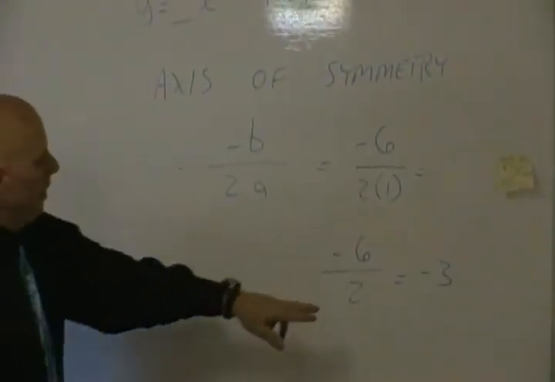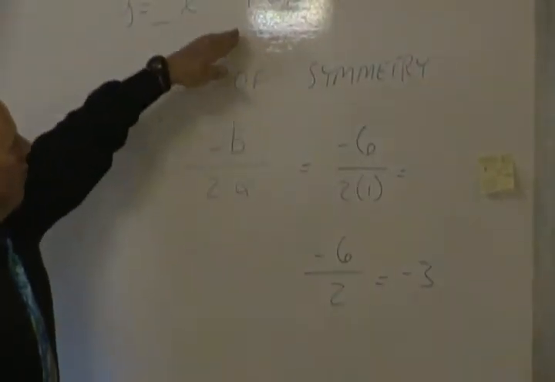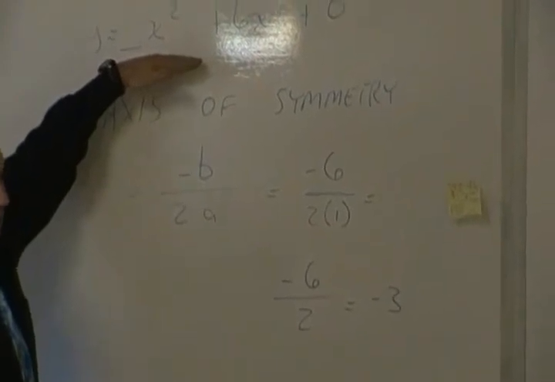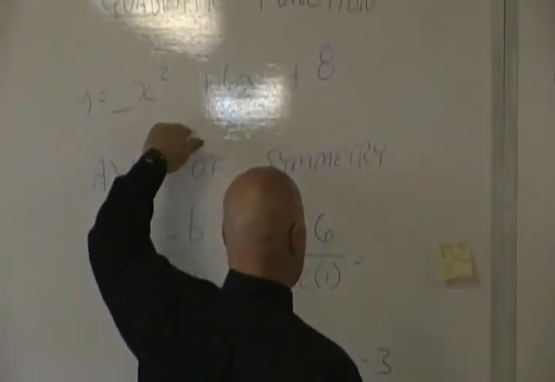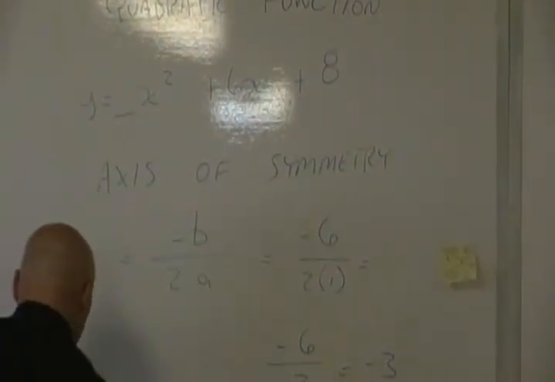And now if we take this number, negative 3, and you plug it into here, all right? So everybody plug negative 3 into here, and we find what is called the vertex.